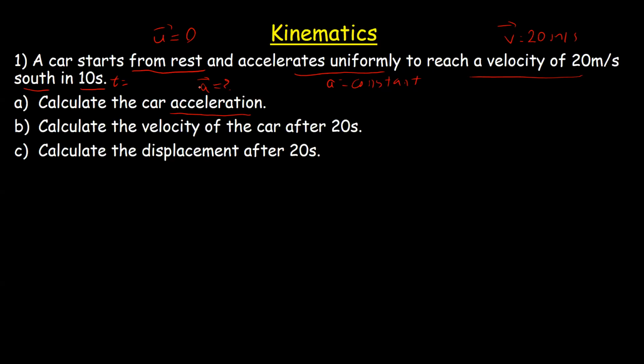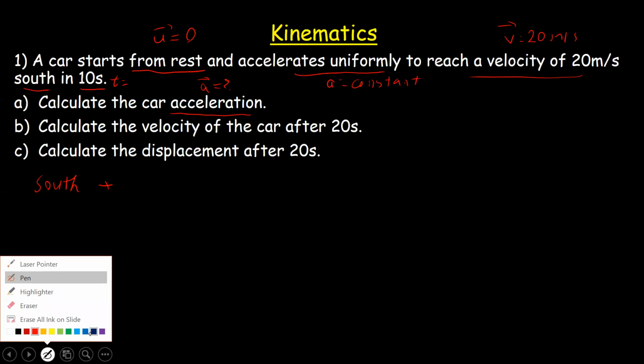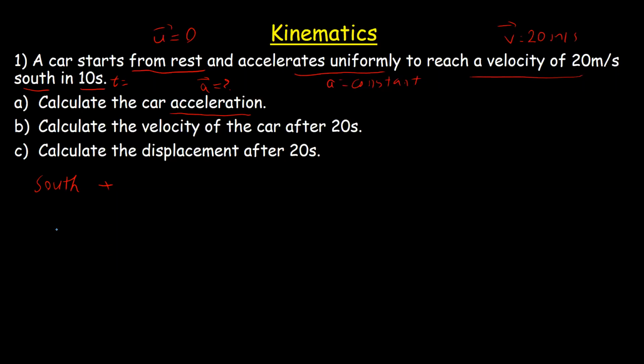Because acceleration is a vector quantity, we need to talk about magnitude and direction. So I consider south direction as my positive direction. Right now, I need to find my acceleration. The formula I need to use is the definition of acceleration, that is final velocity minus initial velocity divided by t.